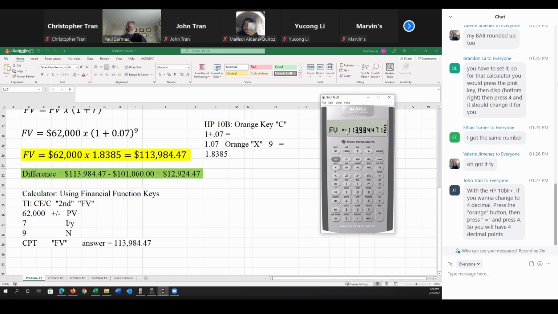What I am saying is that the answers you have to put in Connect, or the 5 multiple choice answers you will get on the test, are all positive. I don't want you to get confused and say, hey, I have the answer, 113,984.47, but mine is negative, but the answers are all positive. Don't get confused. Your calculator is doing that to you.